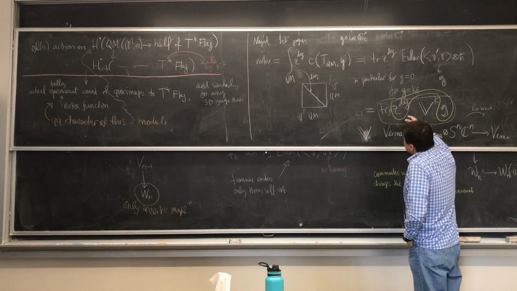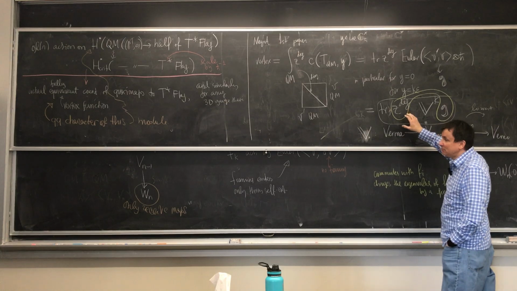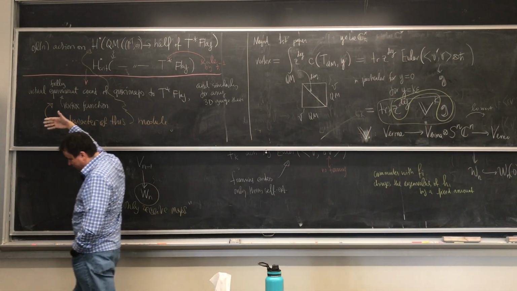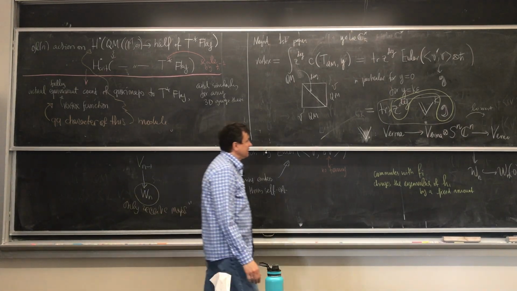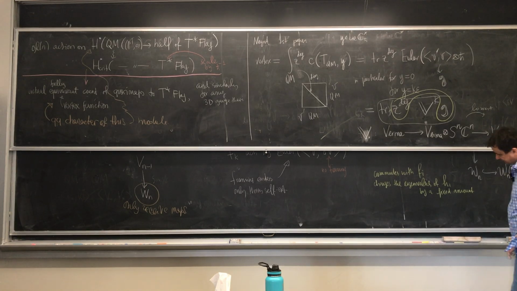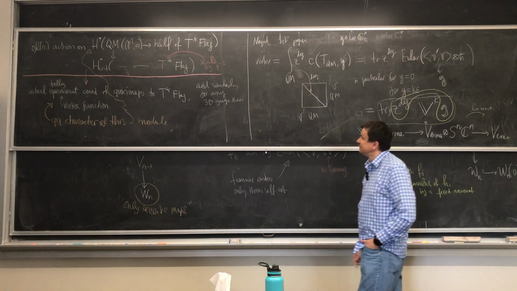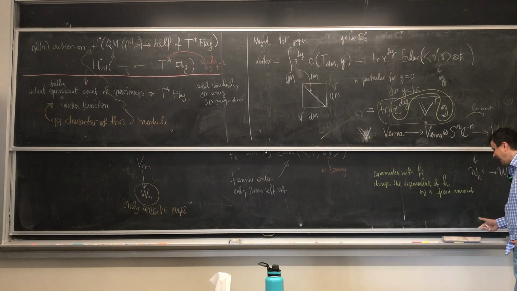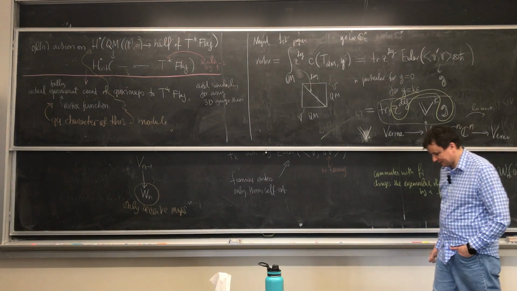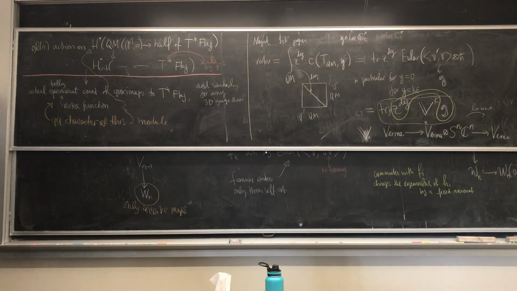Whereas something like this, as far as I can tell, should work in much greater generality. So you should be able to write this vertex function as a trace of some vertex operator. I would think it's not a bad project to revisit and reevaluate.